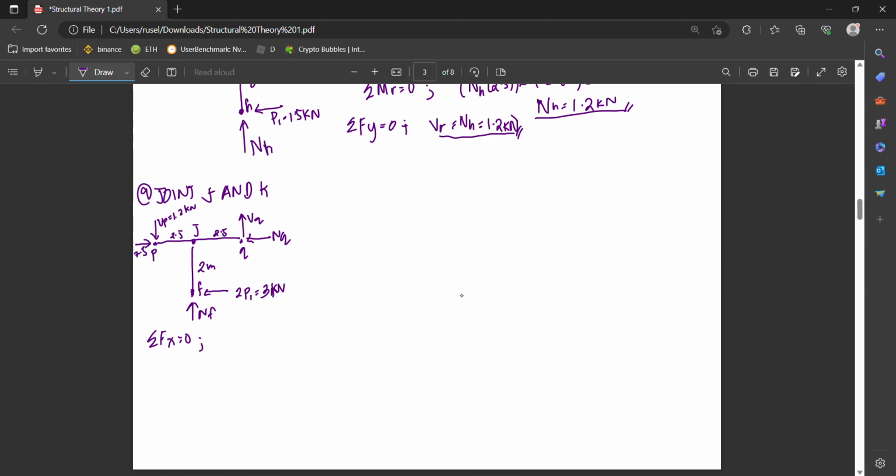So, your NQ is equal to 7.5 minus 3 is equal to 4.5 kilonewton. Next, summation moment at per Q equal to 0.